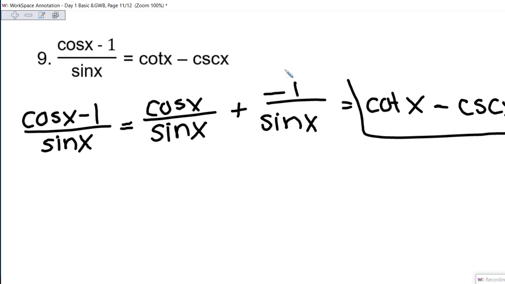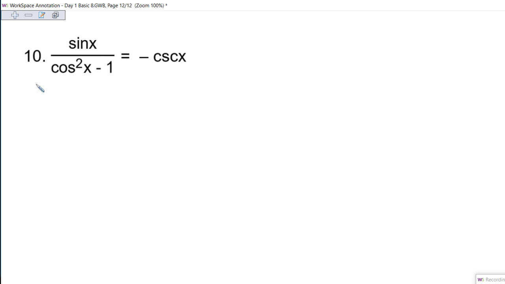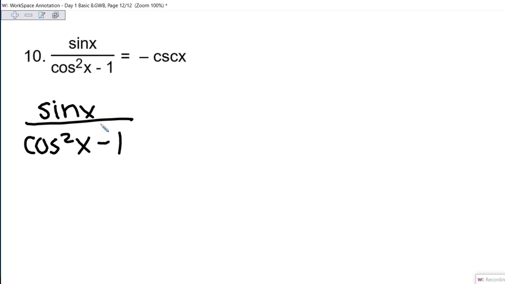So we started with the left side and proved that it equals the right side. Okay, I want you to do that last problem. I want you to do problem 10. So start with the left side. You have sine of x over cosine squared of x minus 1. You need to prove that it's equal to negative cosecant x.